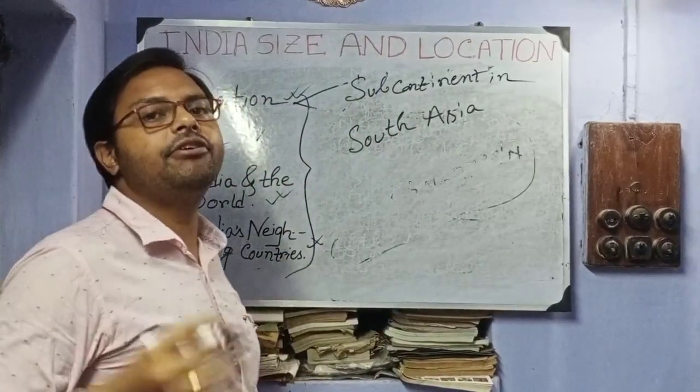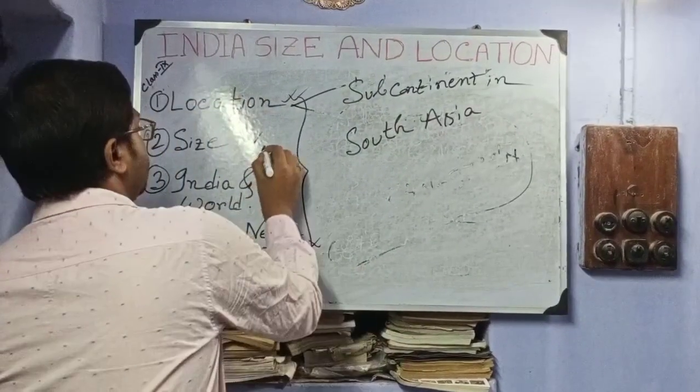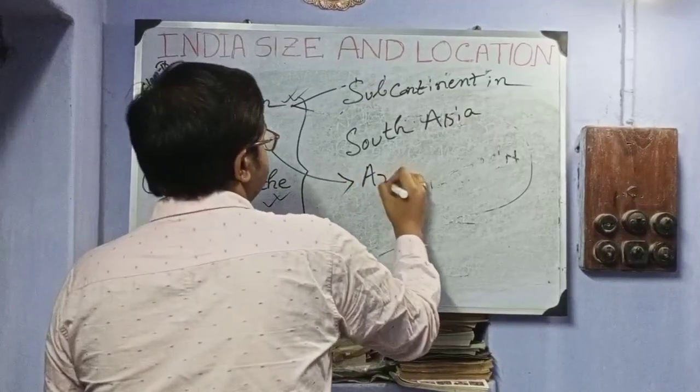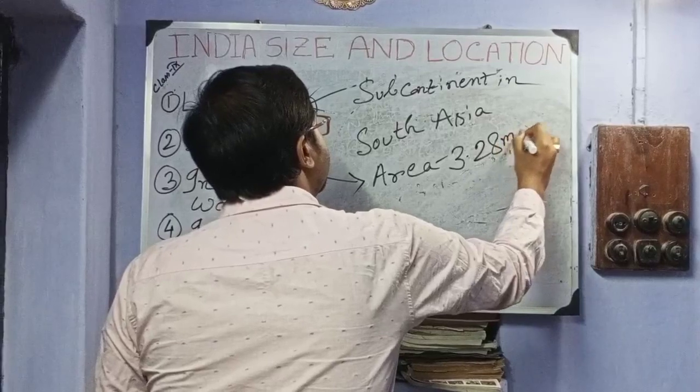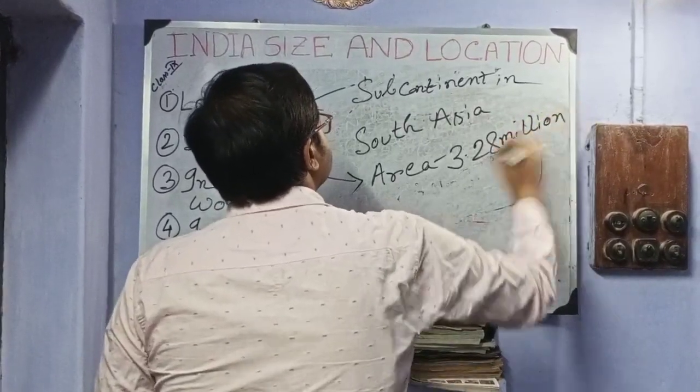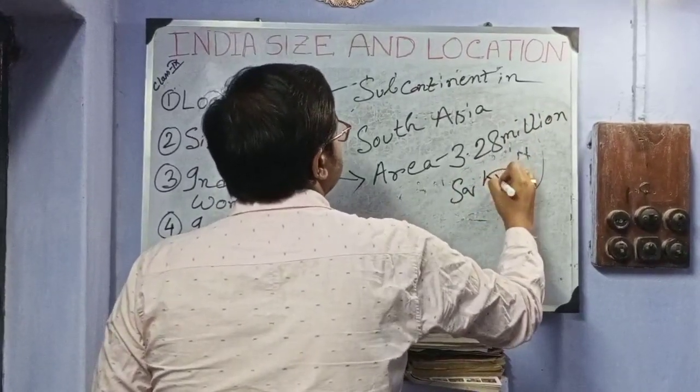Now size. Size means the area of India. What is the area? It is 3.28 million square kilometer.